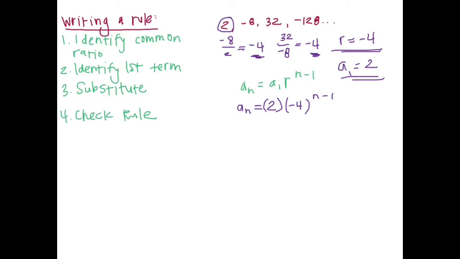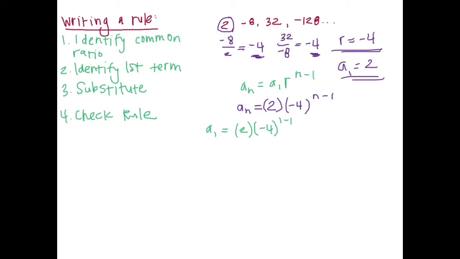In order to check the rule, instead of writing a sub n, I'll write a sub 1 equals 2 times negative 4 to the power of 1 minus 1. So I'm looking to make sure the first term does actually equal 2.